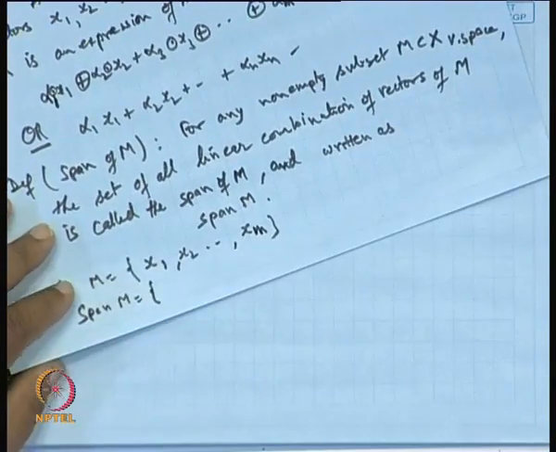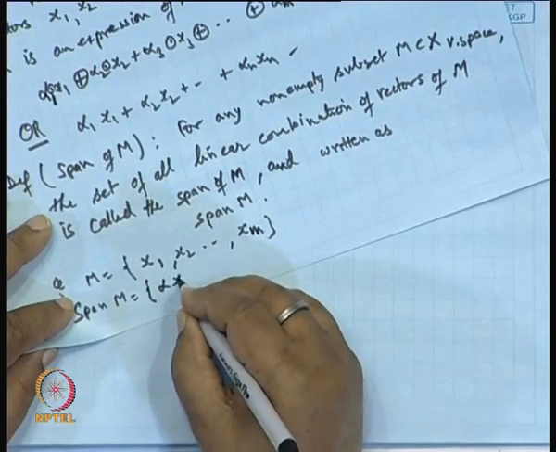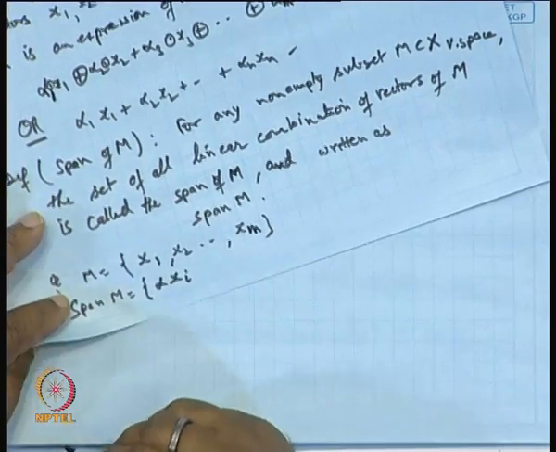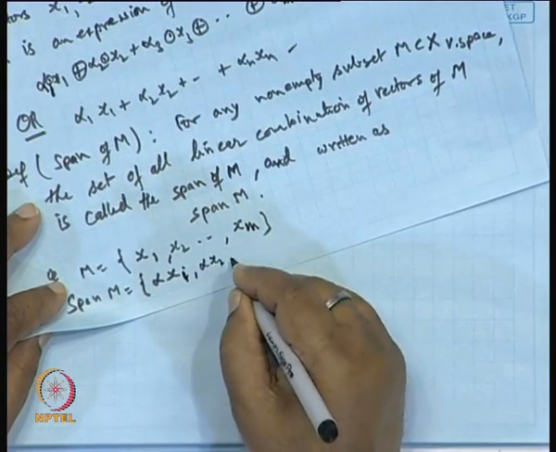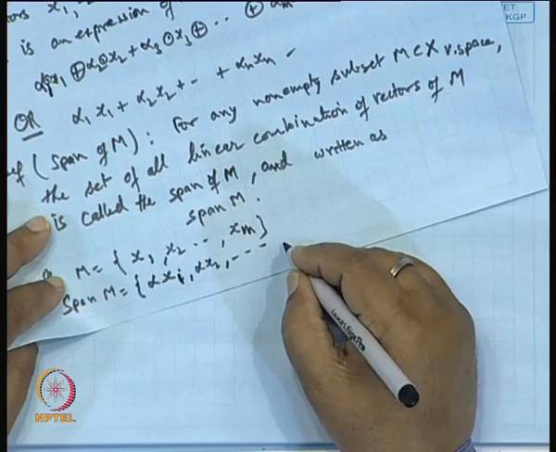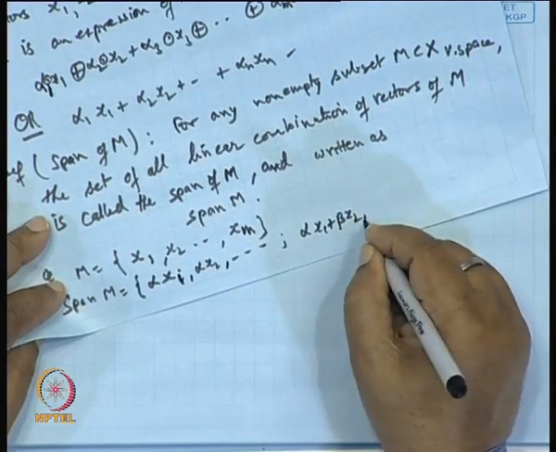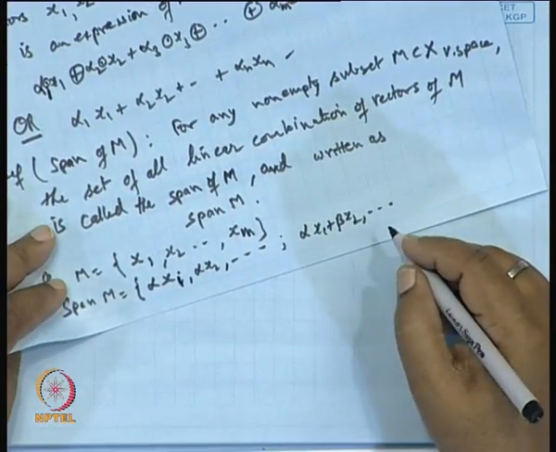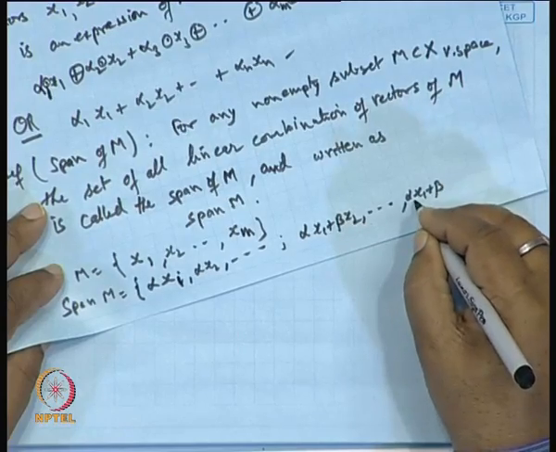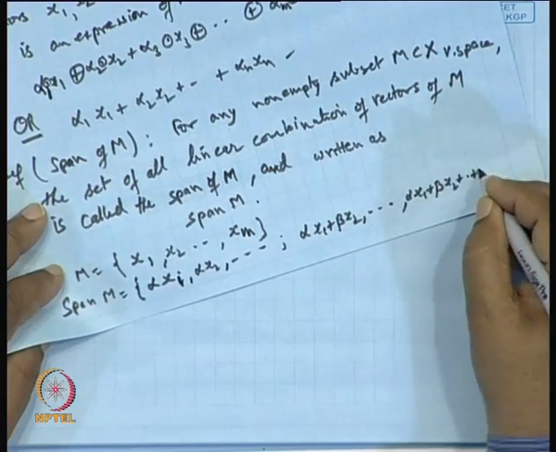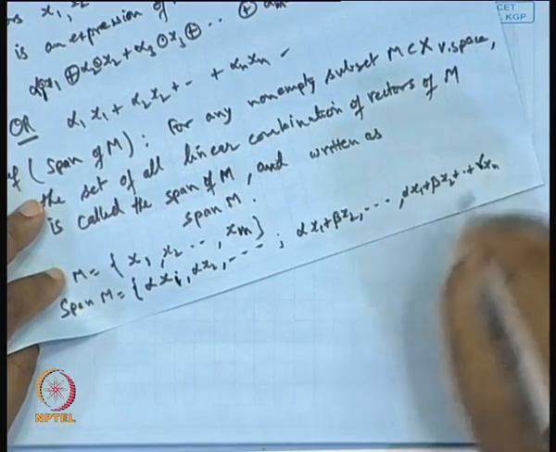The span of M will be of this type: alpha x i, i is 1 to n, that is, alpha of x 1, alpha of x 2 and so on, or it may be of this type also: alpha x 1, beta x 2 and so on. All may be of this type: alpha x 1, beta x 2 and so on, and let it be, say, gamma x n, like this.